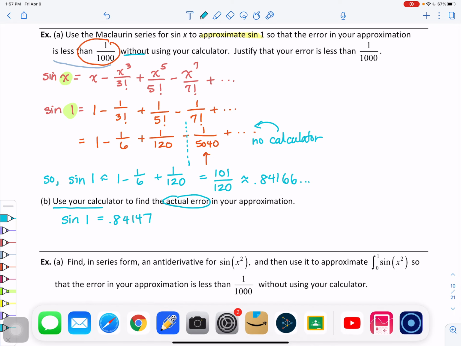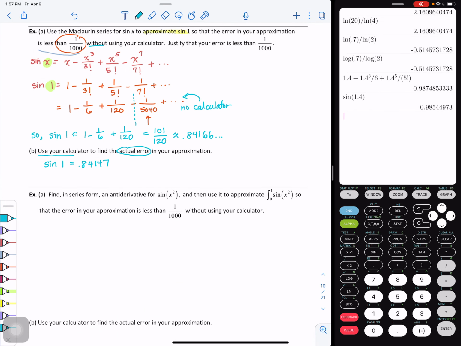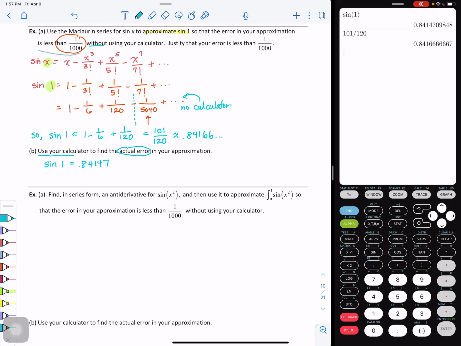Let me show you that. 0.84147, and our approximation was 101 divided by 120, and since it's the absolute value, we can subtract either one. I can subtract that value, and I would get this error. So let me go ahead and get that written down.